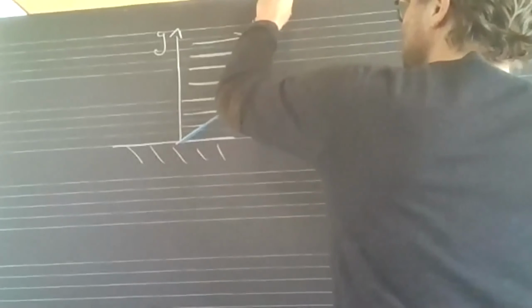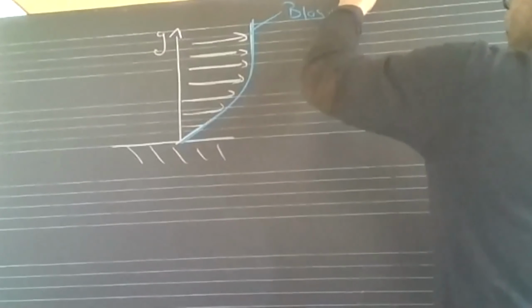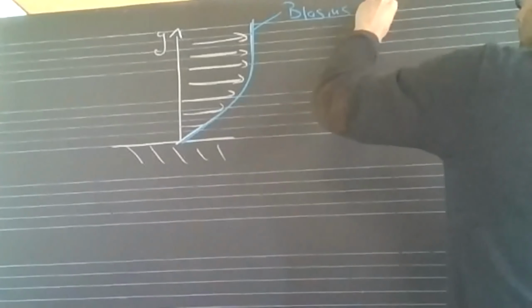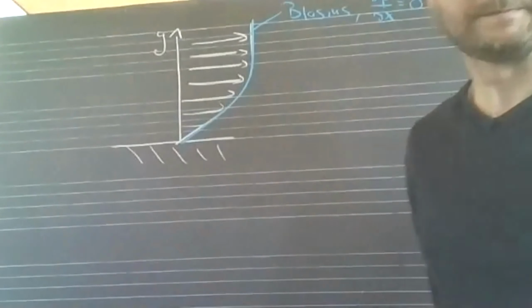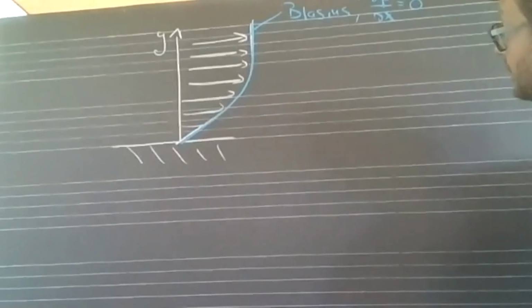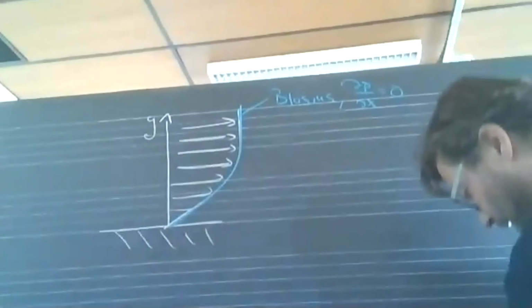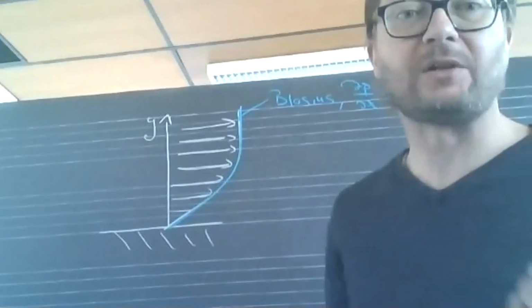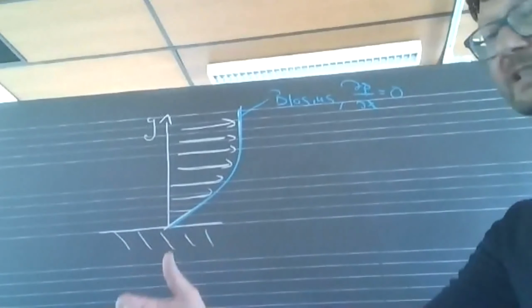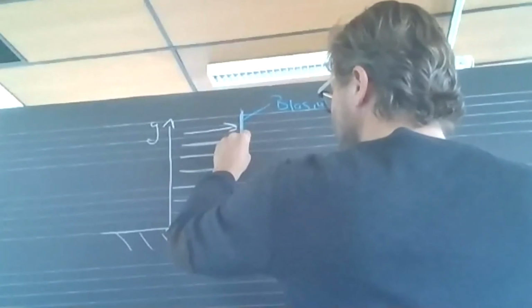So this is Blasius, or the boundary layer for dp/dx equals 0. If we do have an accelerated boundary layer, an accelerated outer flow, so the outer flow is increasing in downstream direction, the boundary layer tends to have a bigger belly.